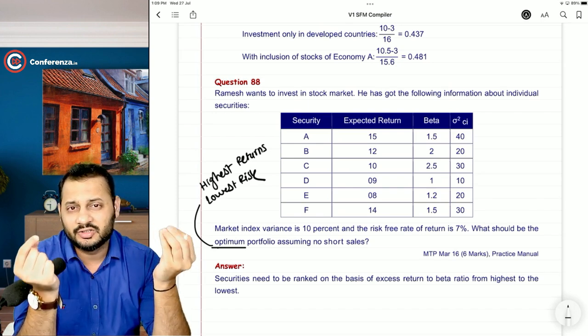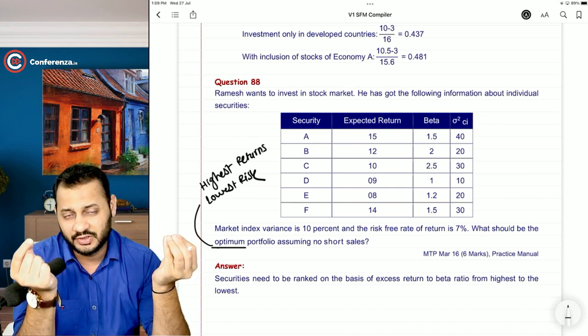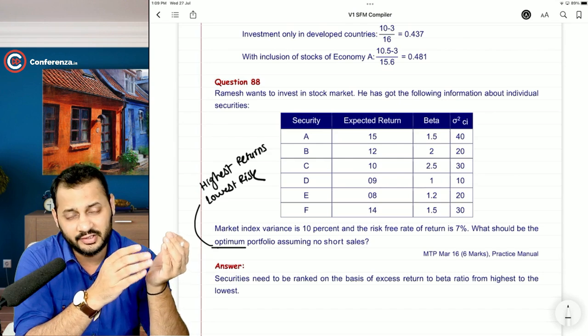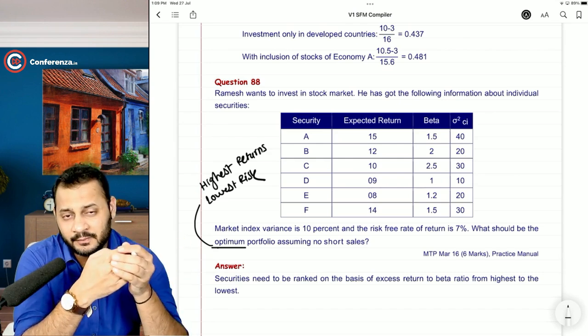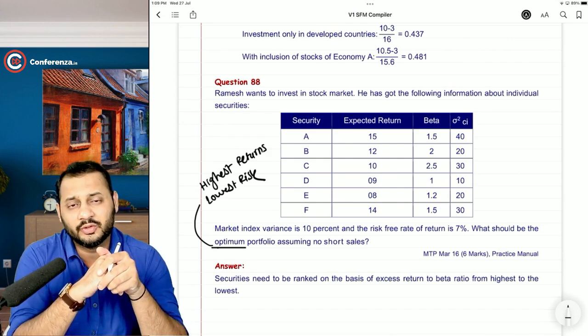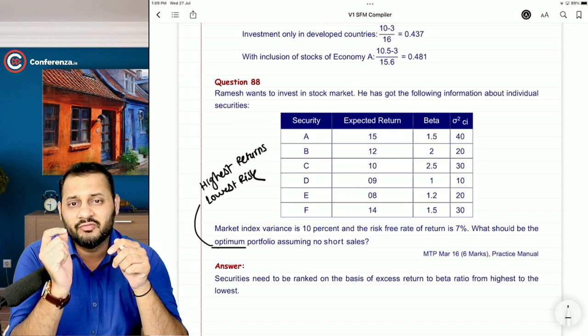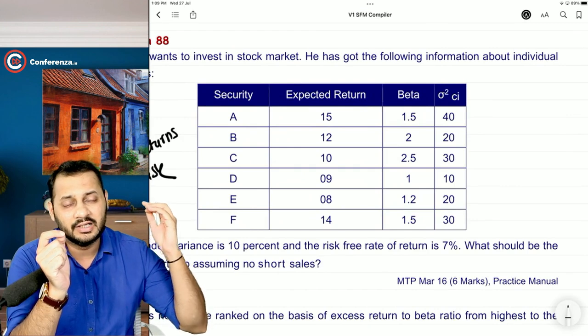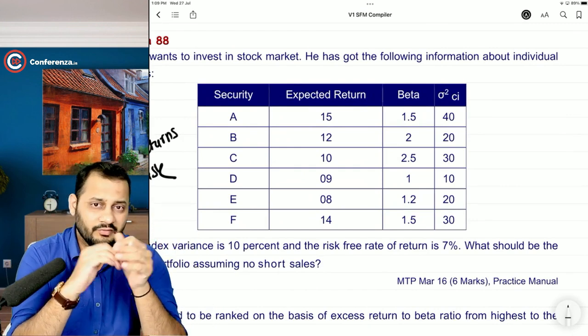This concept is called Treynor's ratio. Treynor's ratio specifies Ri minus Rf in the numerator, which says the premium that you are getting, and in the denominator it asks to put risk in terms of beta. So for every 1 unit of beta, we will find out which security is providing the highest premium.